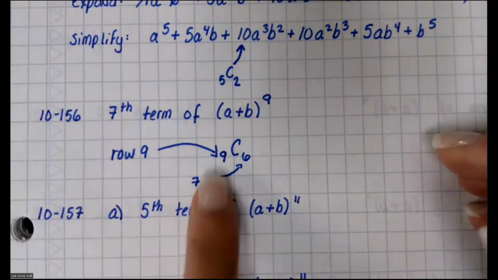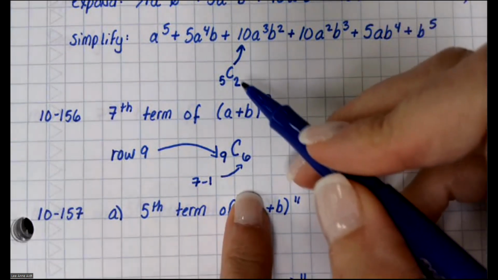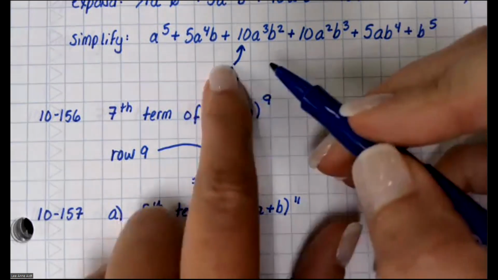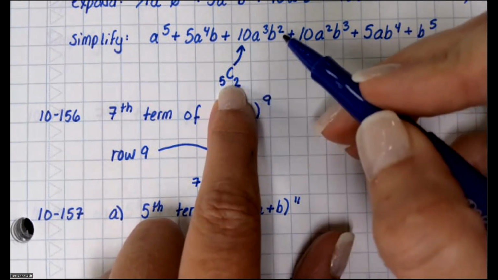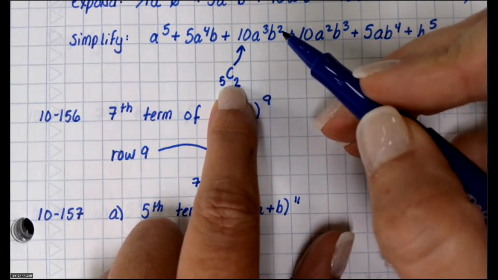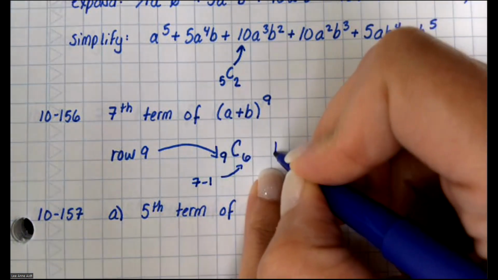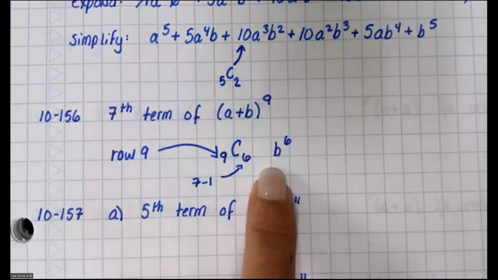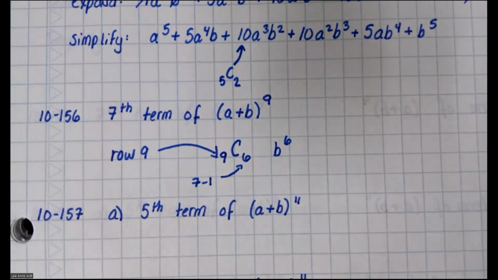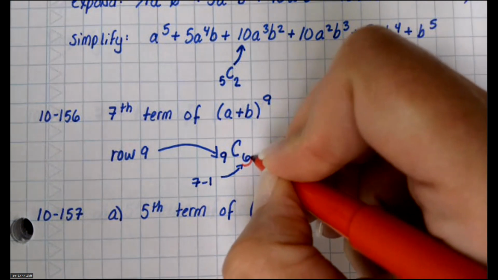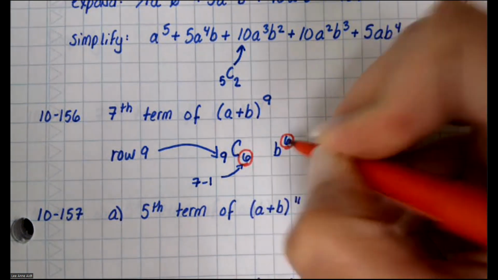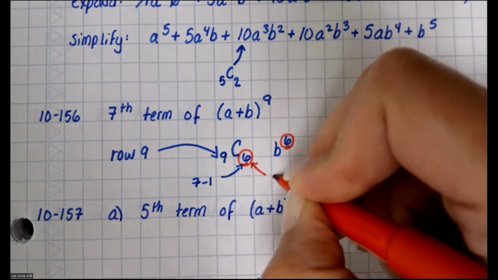But I want you to see a pattern that the 5 combination 2, the 2 here matches the exponent on the back seat thing. Okay, so here, our back seat thing is going to be b to the 6. Take a different color, highlighter, something, just circle it.